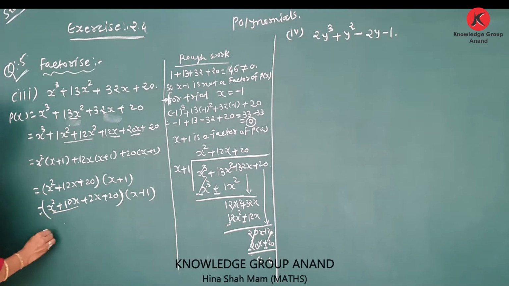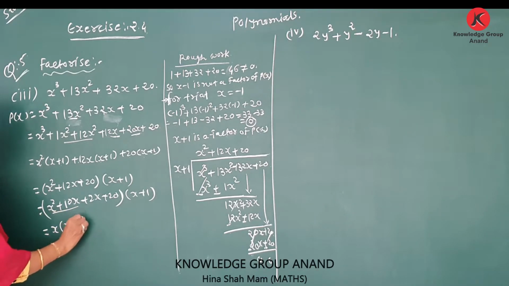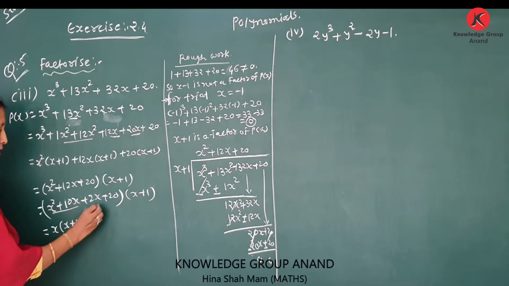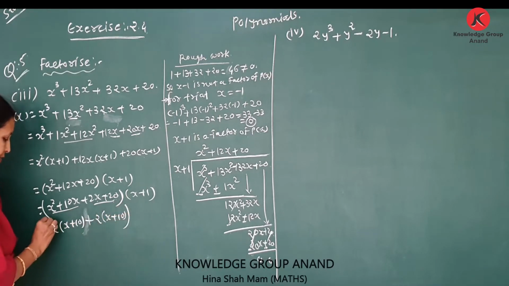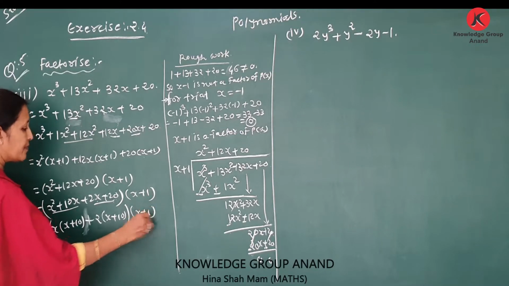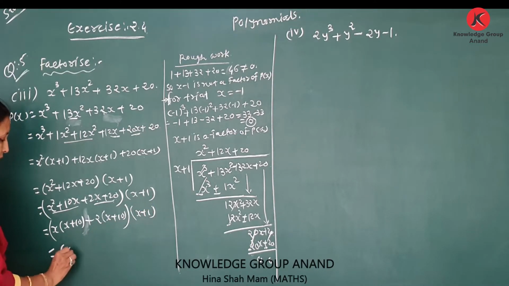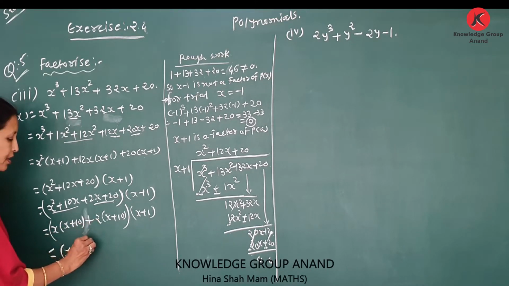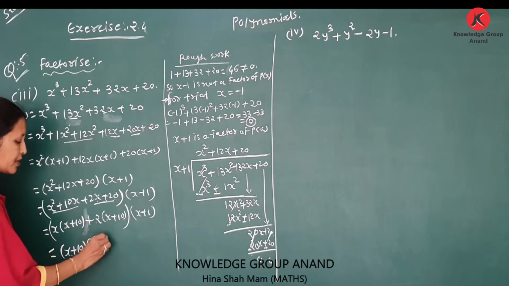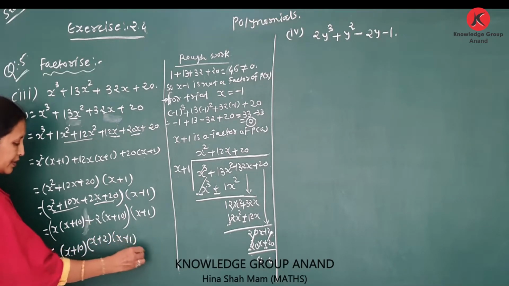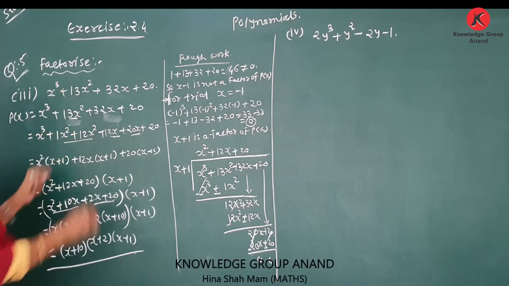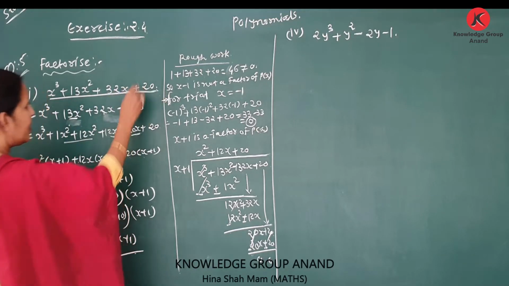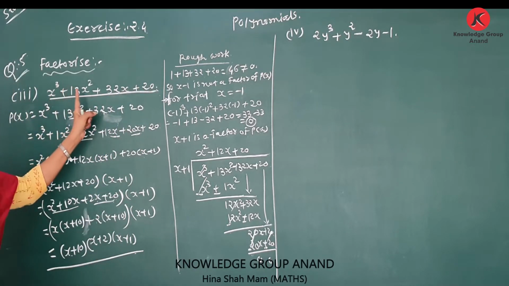Now the common factor: x common from x plus 10, and 2 common from 2x plus 10... x into bracket x plus 10, then the remaining terms are written in another bracket: x plus 2. So x plus 10, x plus 2 and x plus 1 are our factors.